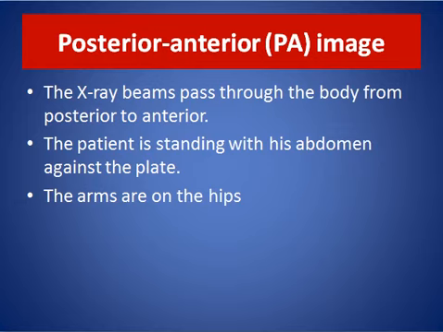Posterior-anterior image or view: the X-ray passes through the body of the patient, from the back of the patient to the anterior, and the patient is standing with his abdomen and chest against the X-ray film, and the arms are on the loins or on the hips.